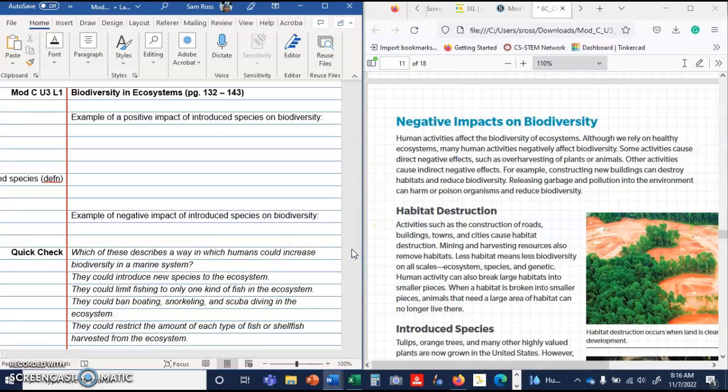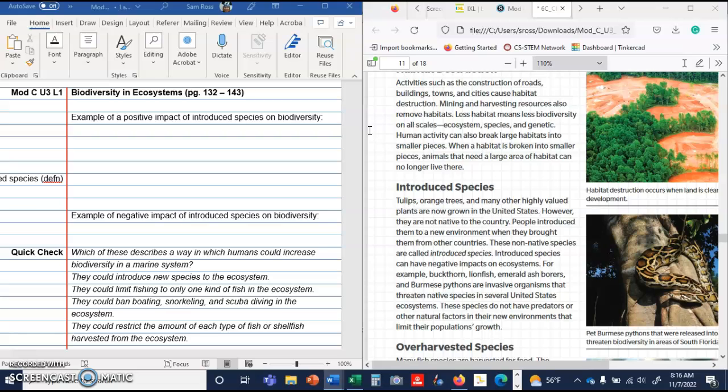And an example of a positive impact of introduced species on biodiversity. So let's scroll down a little bit more. Here's our introduced species. It says tulips, orange trees, and other highly valued plants are now grown in the United States. However, they are not native to the country. So a positive impact, an example, would be tulips, orange trees, and highly valued plants.